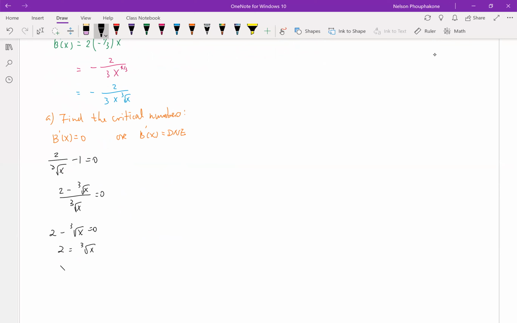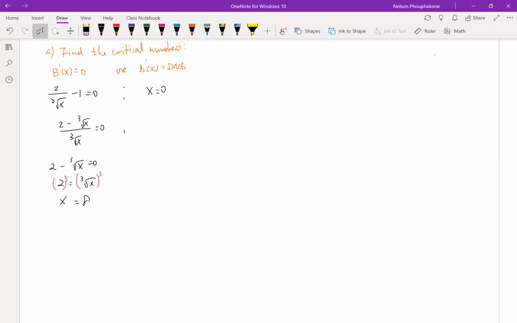Then in this case, we could raise to the power 3 on both sides. Then I will have x is equal to 8. And then, of course, if b prime of x is undefined, then x must be equal to 0.